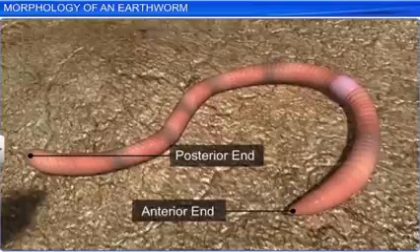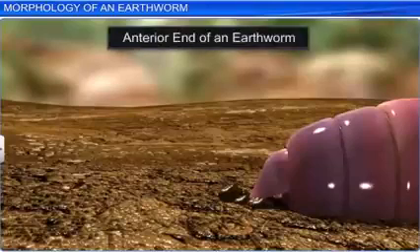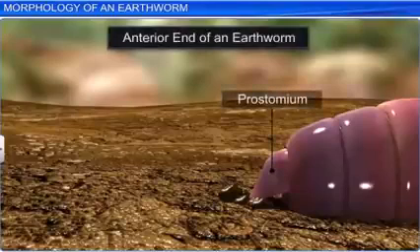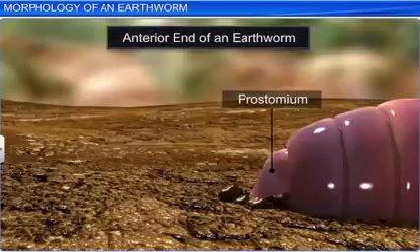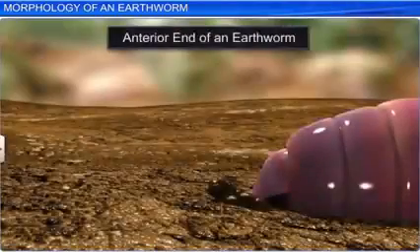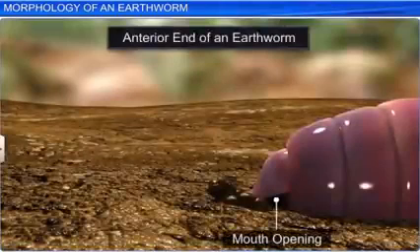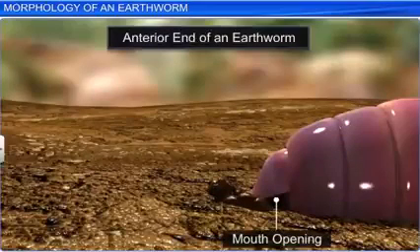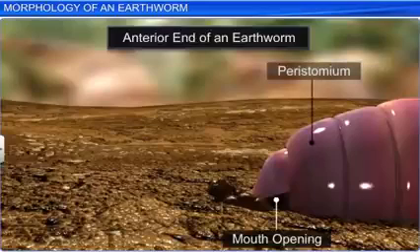Although the anterior and posterior ends of the earthworm look similar, the anterior end is distinguished by a wedge-shaped structure called the prostomium. The prostomium is a sensory organ and also helps to open cracks in the soil and facilitate the movement of the earthworm. The anterior end also bears the mouth, which is attached to the first body segment called the peristomium or the buccal segment. Moreover, the mouth is covered by the prostomium.